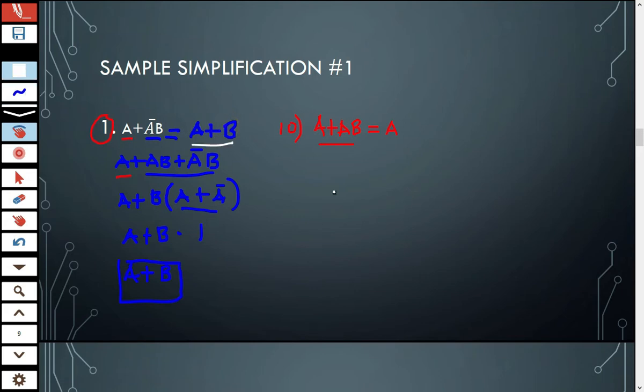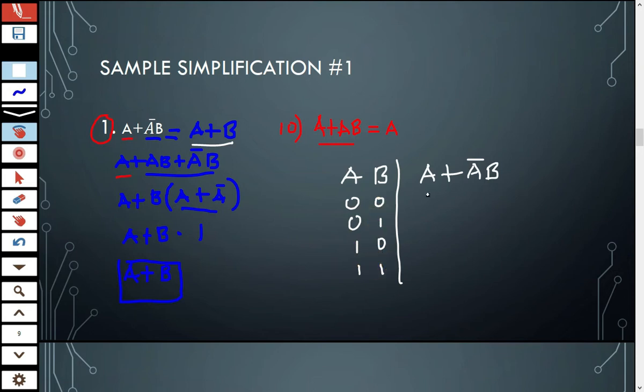We can plot a truth table so we can verify our answer if it is correct or not. So let's write here A and B, A plus not A B. So let's write here the number of combinations for our input. And for A, if it is 0, and not A, we negate the values of this. And for B, let's just copy everything.